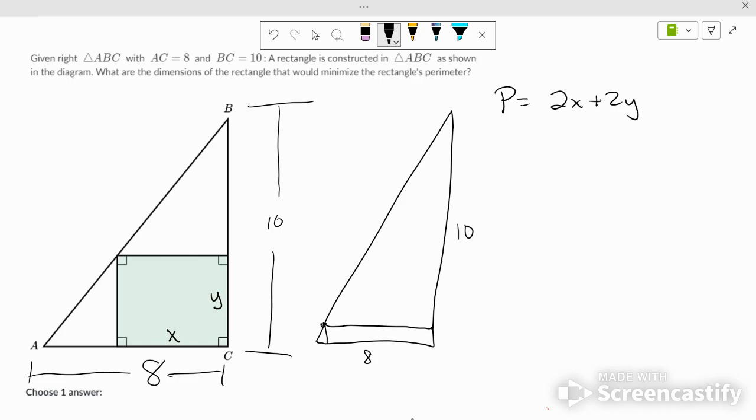So where this point is, that point is 8 minus x and y. Because this point, this little part right here is 8 minus x and y.